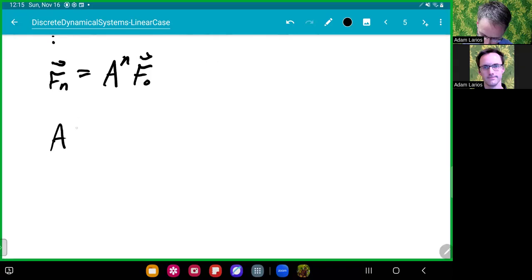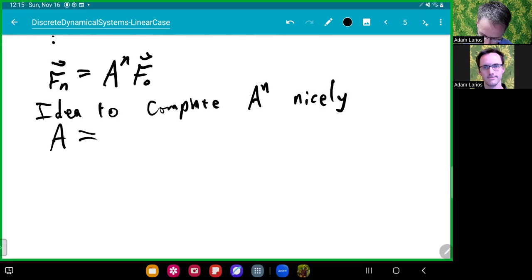So the idea is we can compute a general matrix power using the Jordan normal form of a matrix. But in this case, A is just diagonalizable. So the idea is to compute A to the n, let's say nicely, because of course one option is just to do what we did before, just multiply A by A by A by A. But this is not really a closed form where we can just plug in n equals 1,000,000 or something.